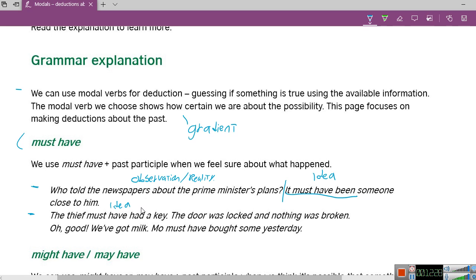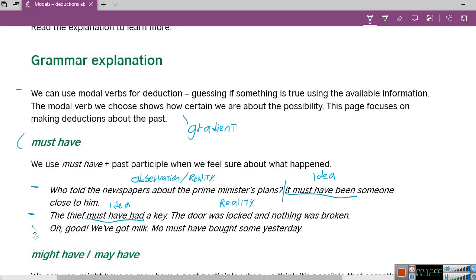The thief must have had a key because the door was locked and nothing was broken. And remember, I cannot change the reality. I can only change the thing I think about that reality. In this case, I use the thief must have had a key.